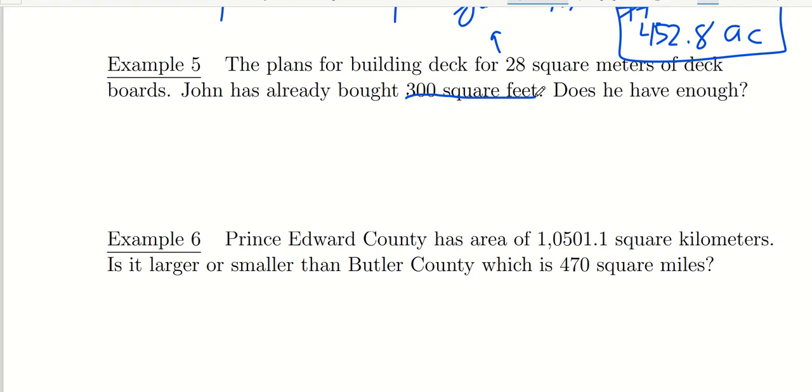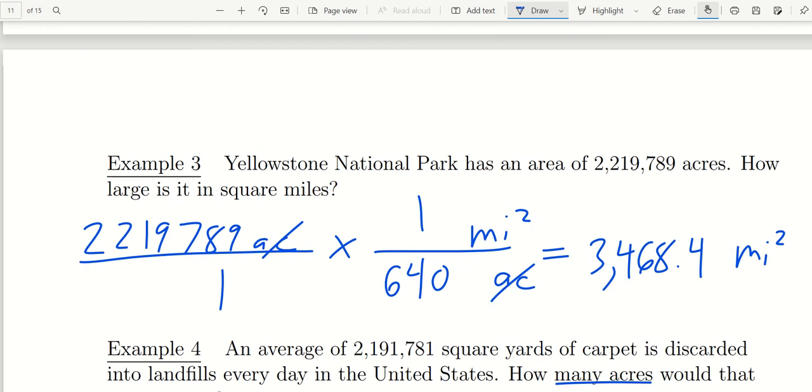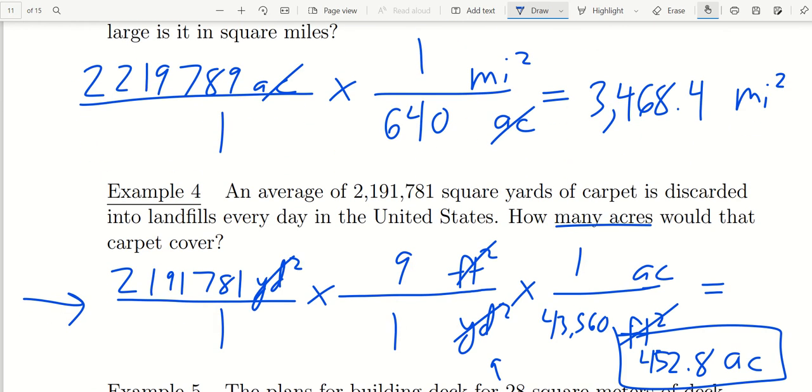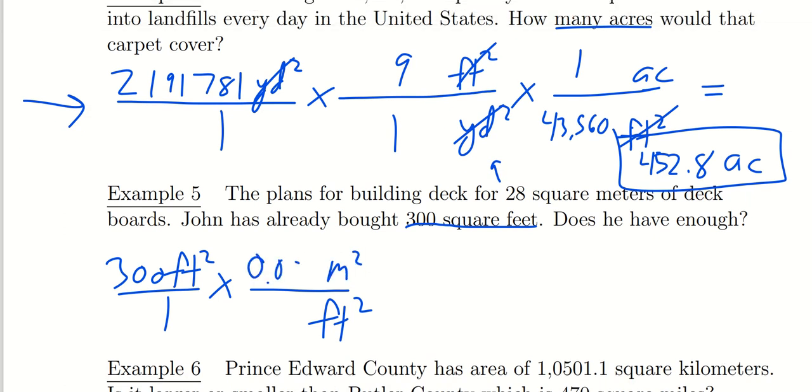I'll take the 300 square feet, and let me compare this to square meters. So we have 300 square feet over 1 times, I want to get rid of square feet, so square feet is going to have to go on the bottom. And we would like to see, do we have a relationship between square feet and square meters? We do. 1 square foot is 0.093 square meters.